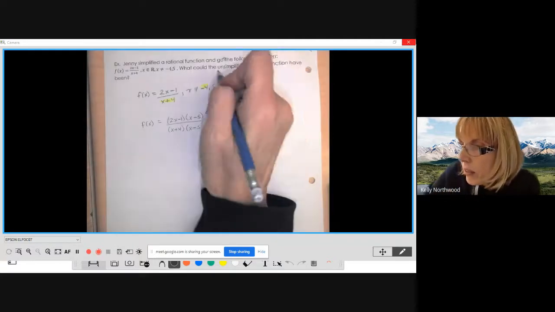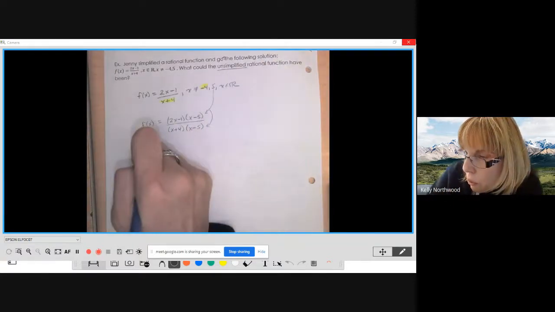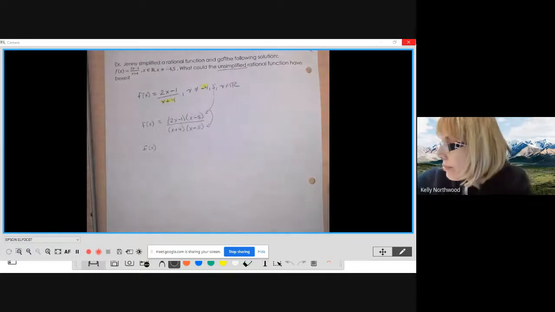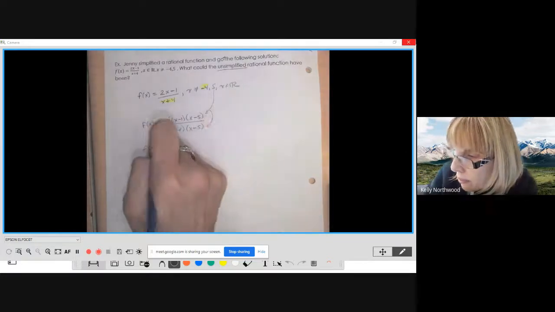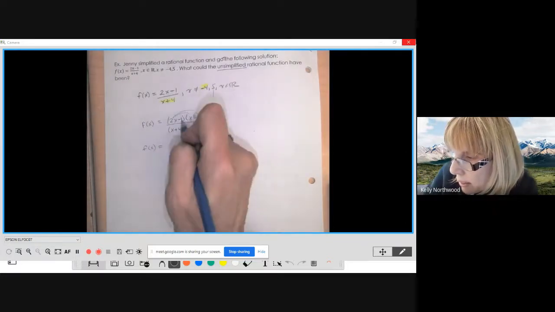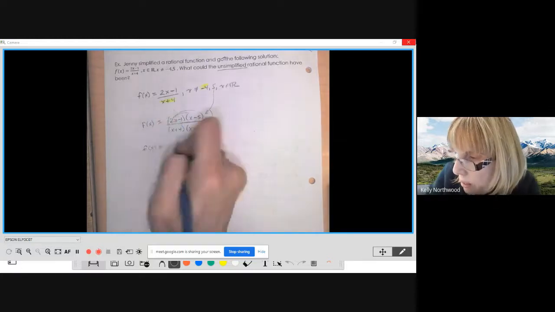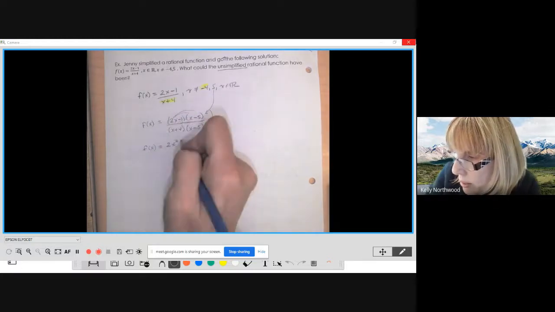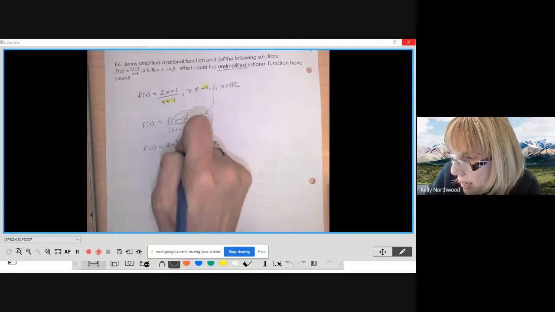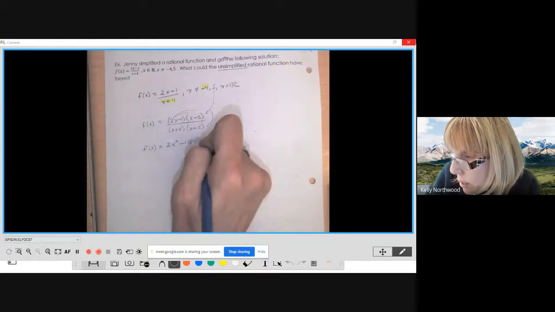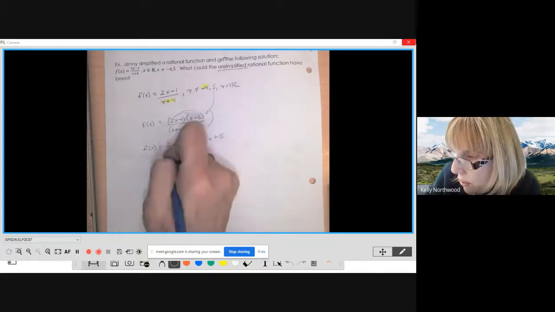And then unsimplified, so we will do FOIL, so we make it look like what our questions look like. So here we would get 2x squared - 10x - 1x + 5.